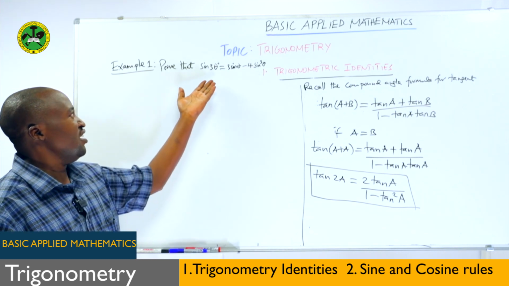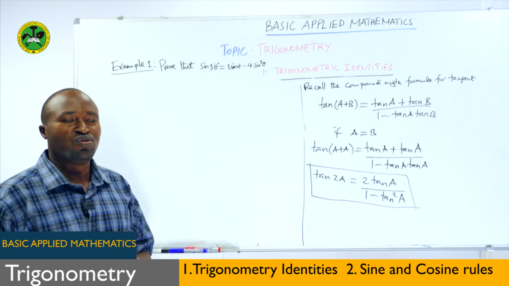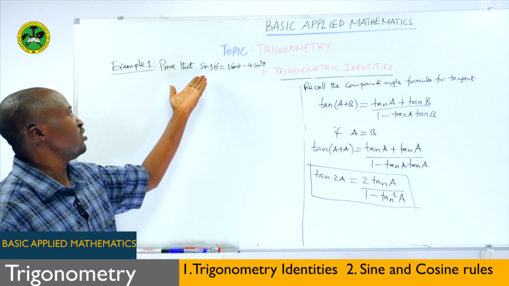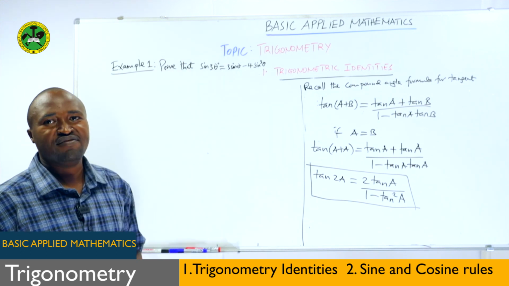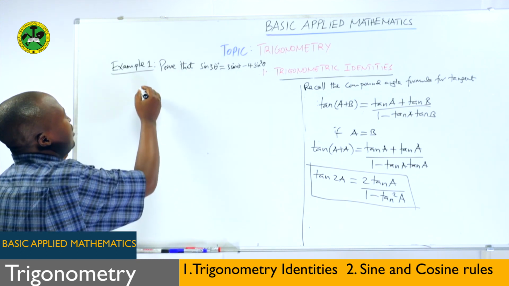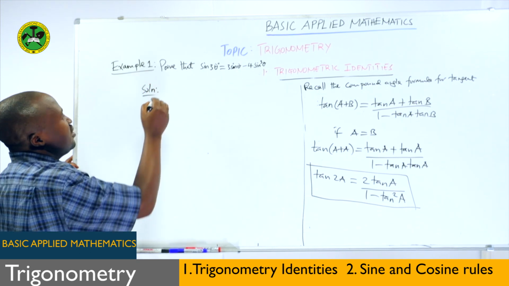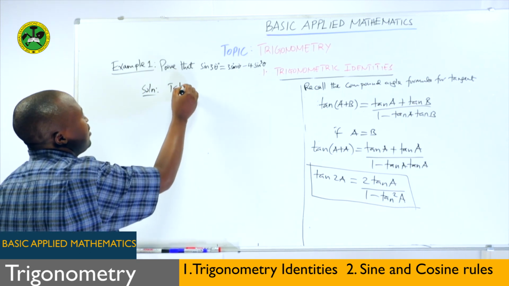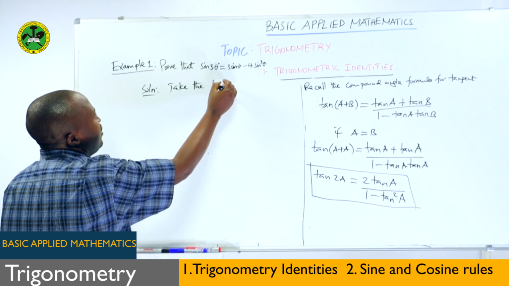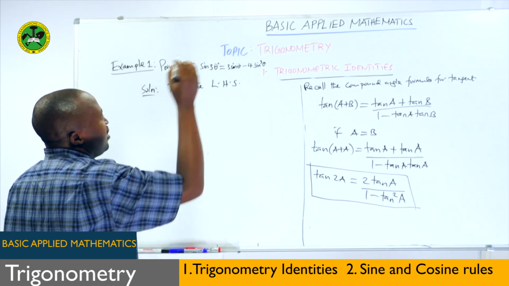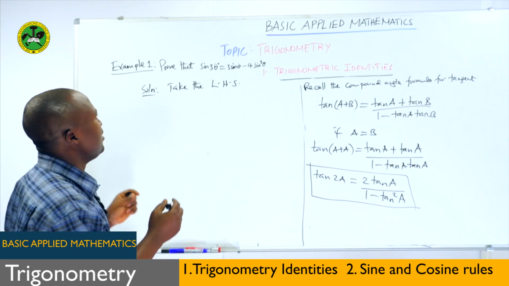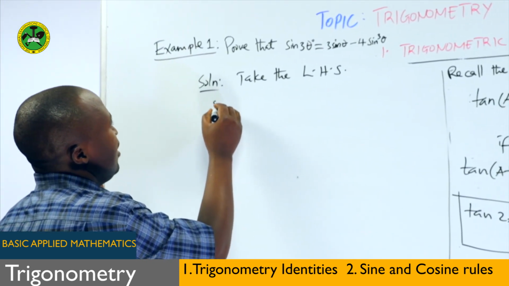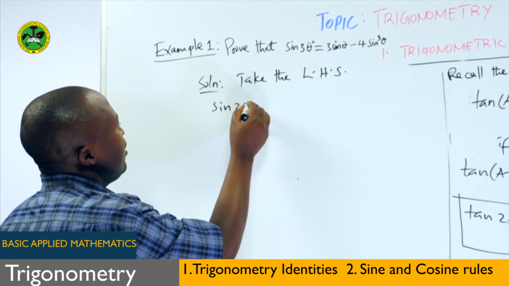In this type of equation, we have to choose either to take the left-hand side or the right-hand side. Suppose we take the left-hand side. That is sine 3 theta.